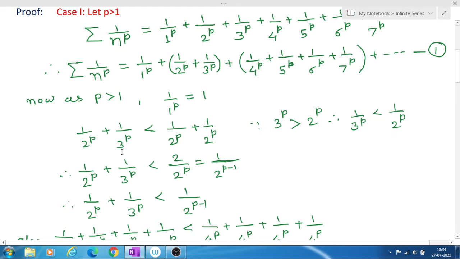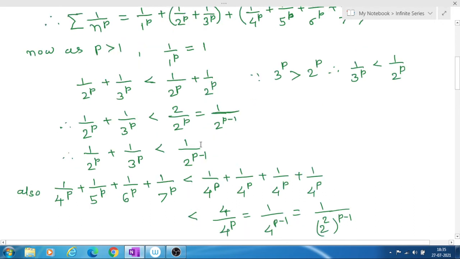So if we substitute 1 upon 3 raised to p by 1 upon 2 raised to p, since 1 upon 3 raised to p is less than 1 upon 2 raised to p, we write less than. So 1 upon 2 raised to p plus 1 upon 3 raised to p is less than 1 upon 2 raised to p plus 1 upon 2 raised to p.